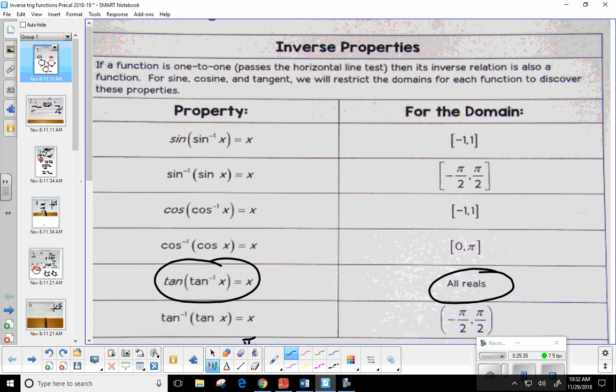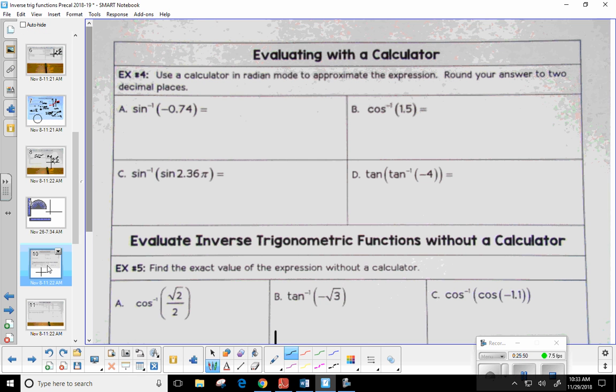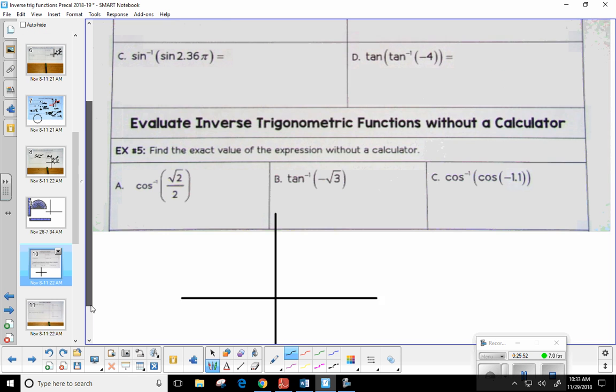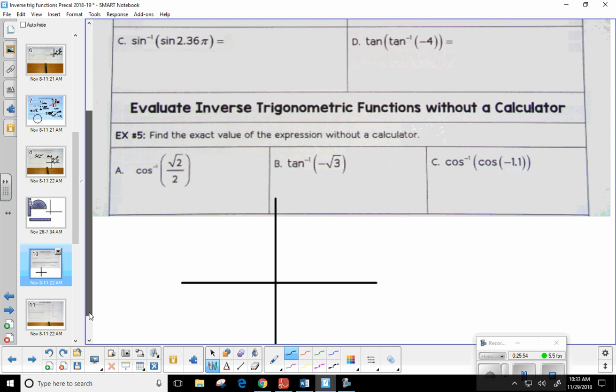Now, whatever I input, the x, it's the answer only if it belongs to 0 to pi. So let me come back over here. Let's talk about a couple things. Well, remember, what would that negative 1.1 represent? Is it a ratio or an angle measure?